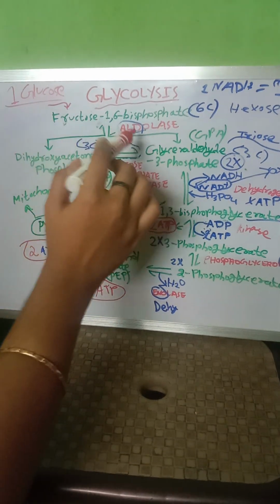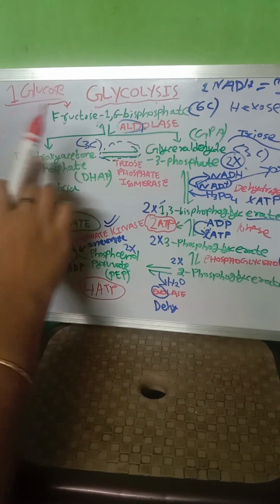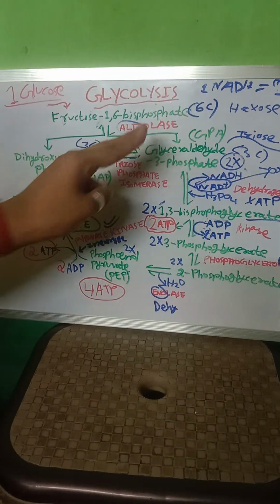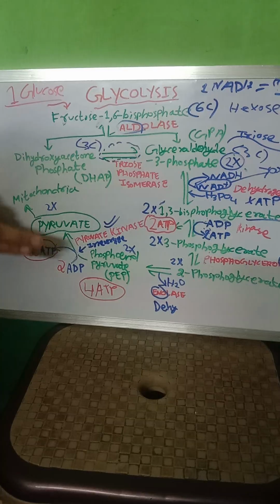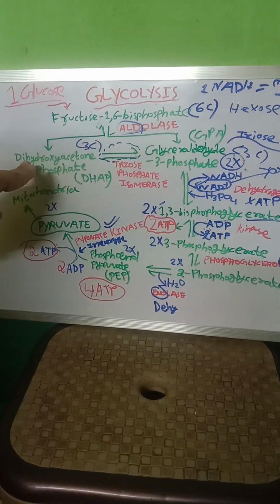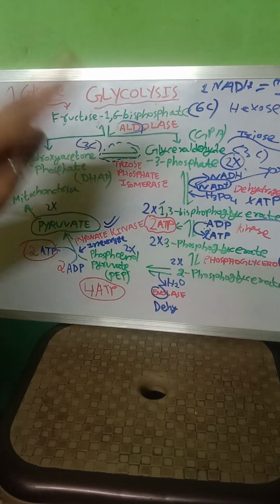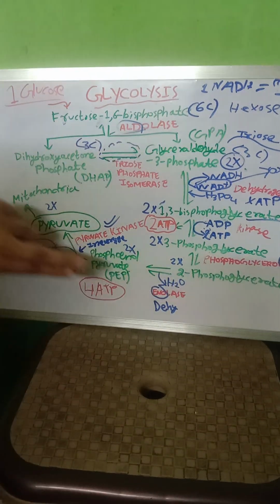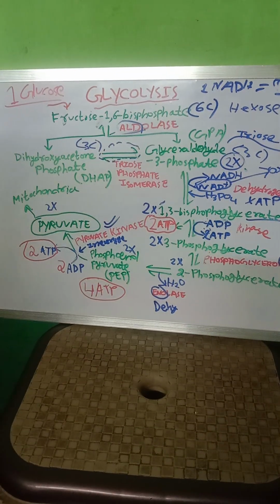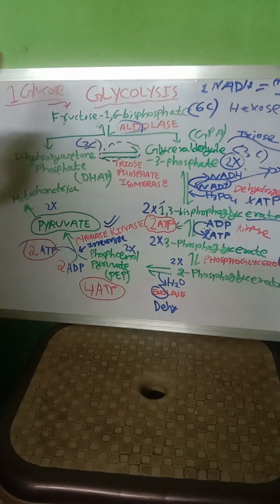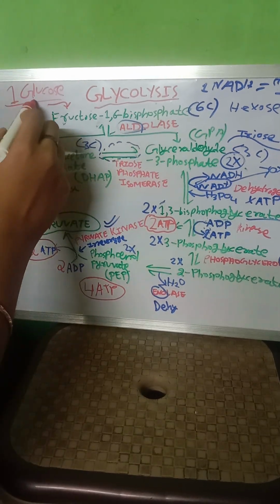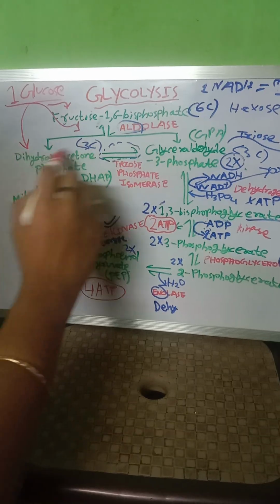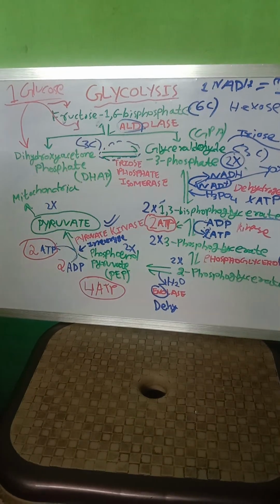Fructose is split into DHAP and GPA, which are 3 carbon sugars. One GPA goes into glycolysis, and when dihydroxyacetone phosphate gets converted to another GPA, that GPA also goes into the glycolysis path. So one glucose indirectly creates these two compounds.